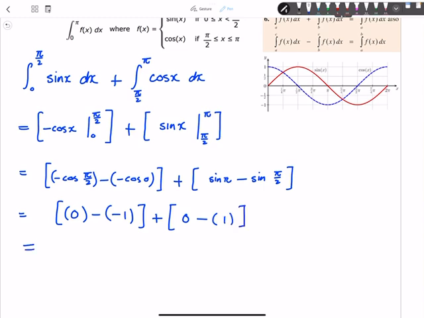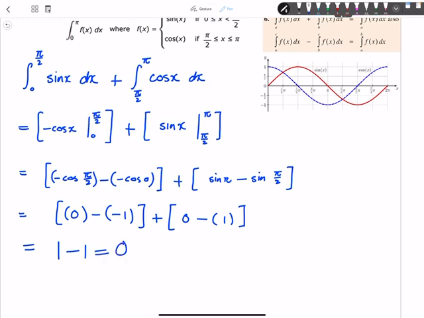And again, when we simplify here, we get 1. Let's see, minus negative 1, that's going to be positive 1 minus 1. This is equal to 0.